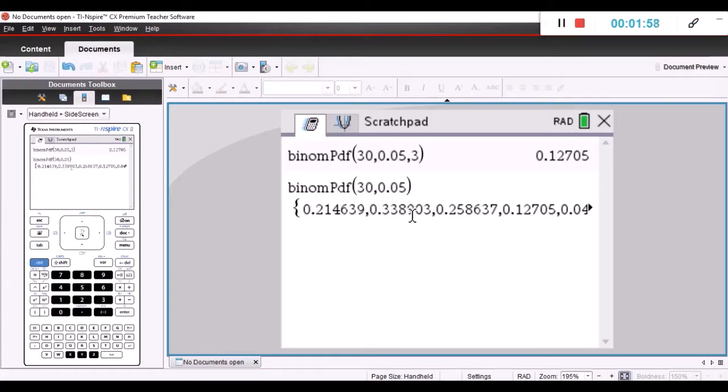This is x equals 1, x equals 2, x equals 3, and so on. These curly brackets mean that the calculator is outputting the numbers as an array. So it's basically like a table of all of the different values. It's a little impractical because there are so many numbers. That's why I prefer to use the x value and just zero in on the exact number I'm looking for.